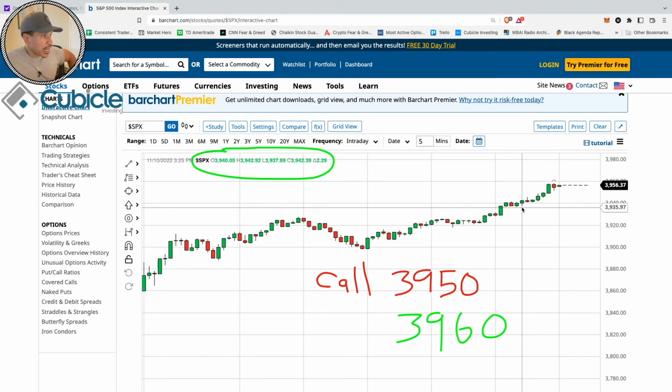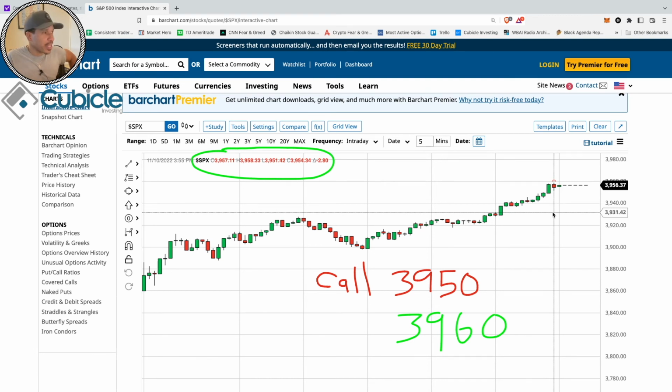And as you can see here, as I hover over the candlesticks, we're now at 3:30 p.m. Now you can see the price is at 39.42, so roughly 8 points away from my short strike on the call side, right? I'm still thinking that it's going to pull back at any moment.